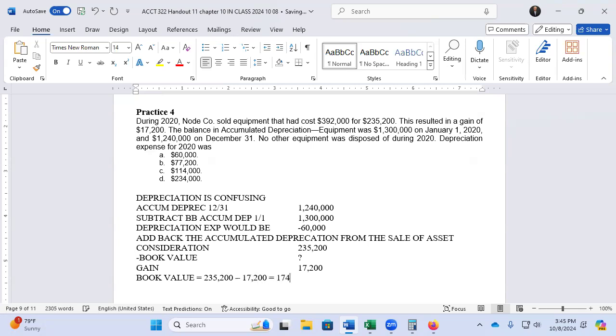And that equals 174,000 was in accumulated depreciation. So we add 174 plus the minus 60,000, and that equals 114,000.